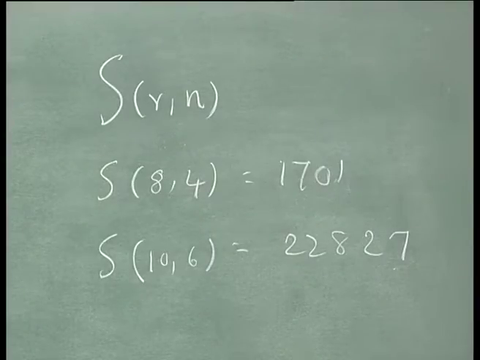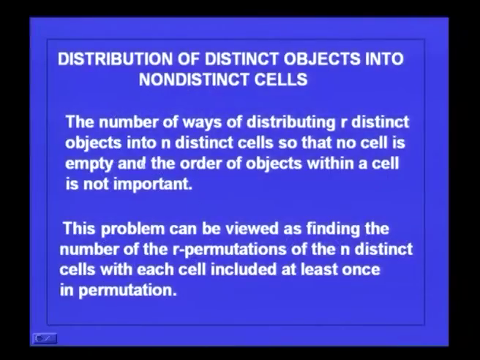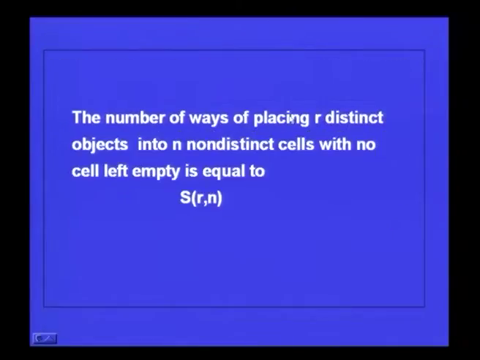So, what we have just now considered is distribution of distinct objects into non-distinct cells. If you want to distribute r distinct objects into n non-distinct cells with no cell left empty, the answer is given by the Stirling number, denoted as S(r,n).